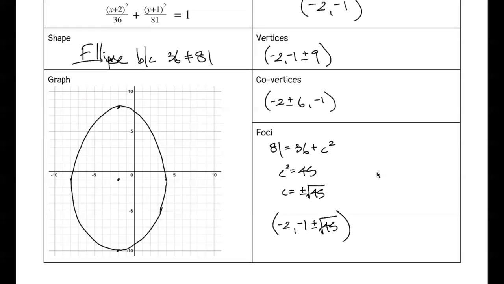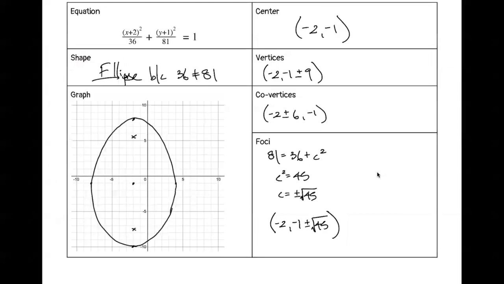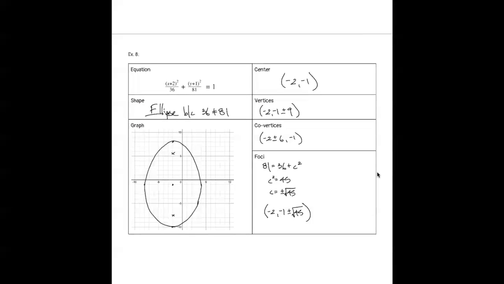So 1, 2, 3, 4, 5, 6.7. All right. So not so bad when it's actually in this form, even though it has two fractions and a lot of squares going on. It's a very valuable format because it tells us so many things. Okay.